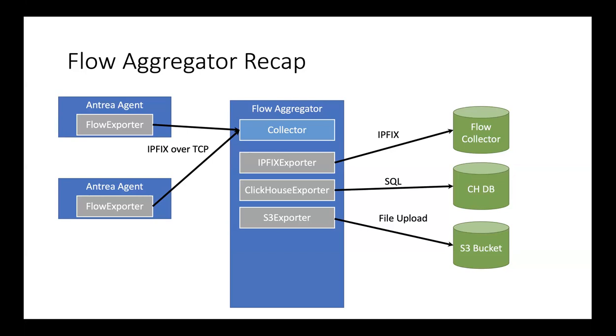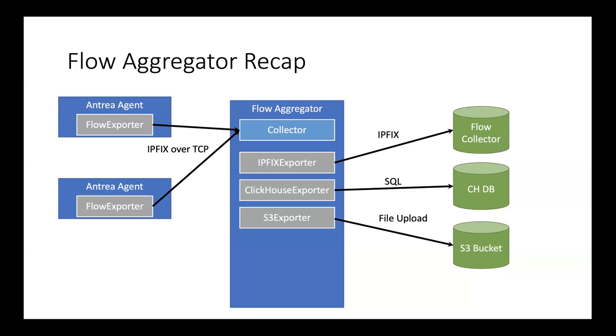It's collected by the part of the flow aggregator which we refer to as the collector. After the collection, we do some information enhancement, where we add some missing data to the IPFIX records we get from the agents, and then we export the aggregated records to a sink using one of the exporters that we support.